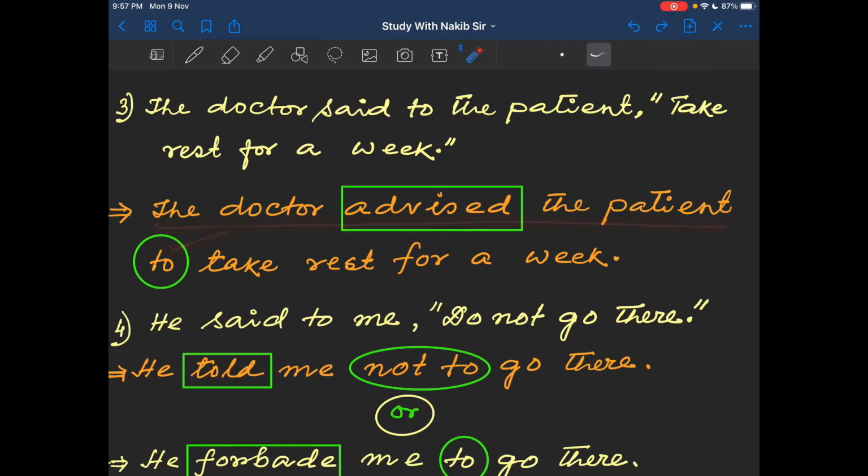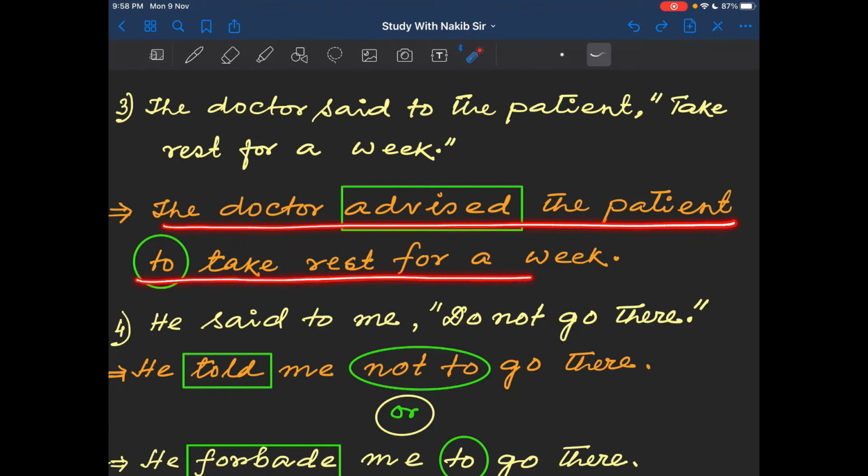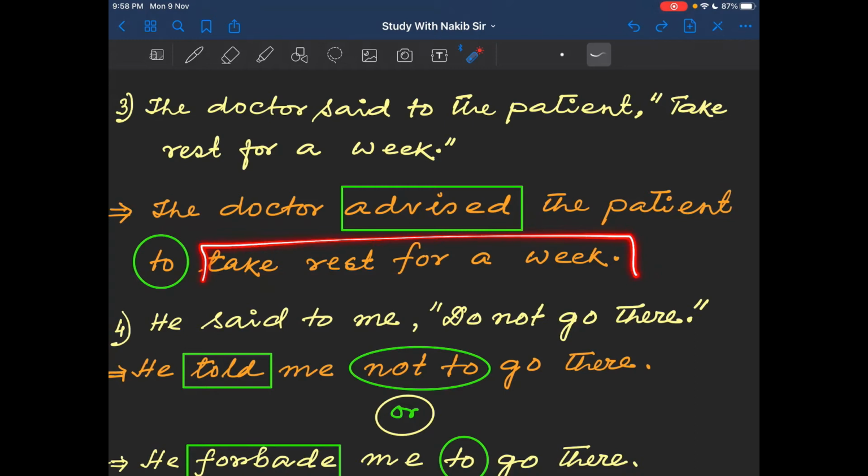So the doctor advised the patient to take rest for a week. There is no other thing to change in the indirect narration. So this is your final answer: the doctor advised the patient to take rest for a week.